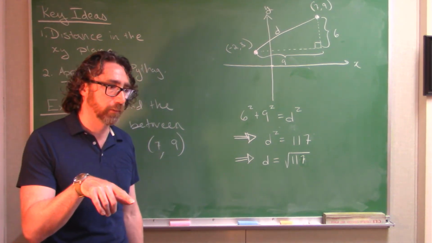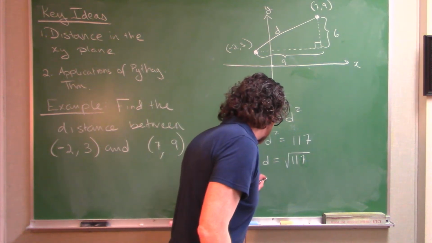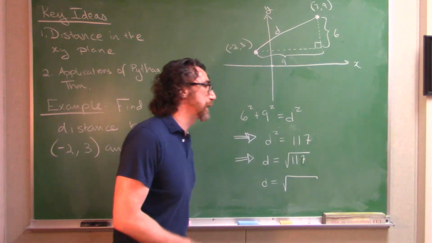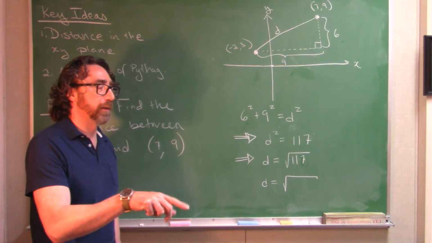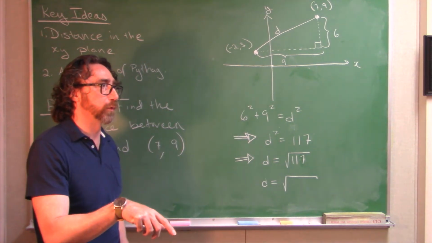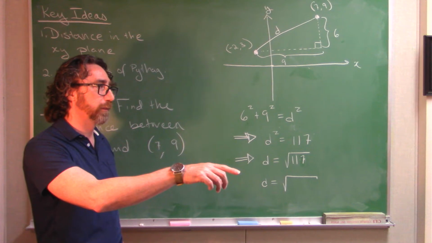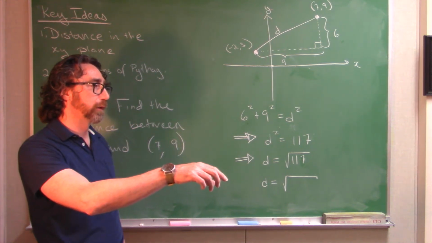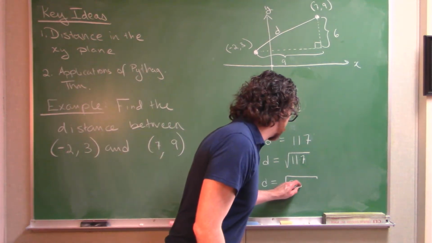Okay, now we have talked about simplifying our square roots. Now 117, I am pretty sure that's divisible by 9, and I think that's the biggest perfect square that goes into 117. Let me think on that just a sec. 9 times what?